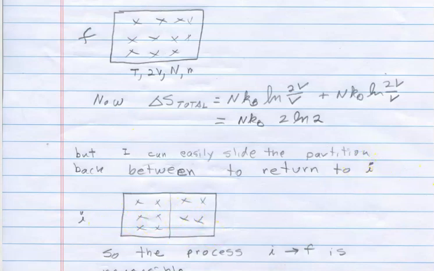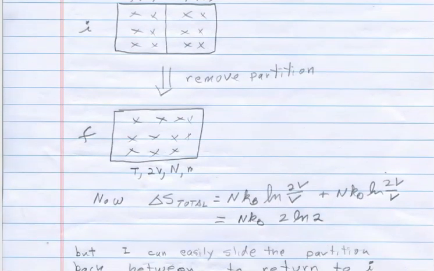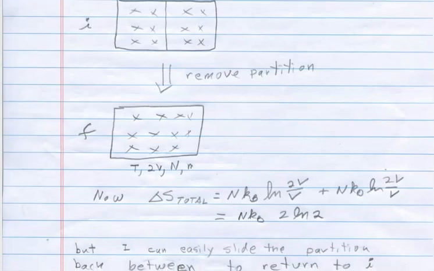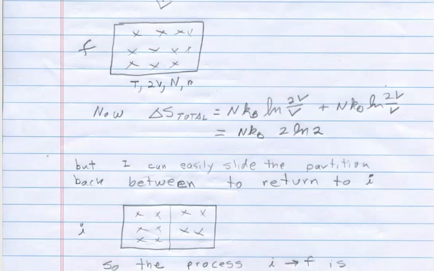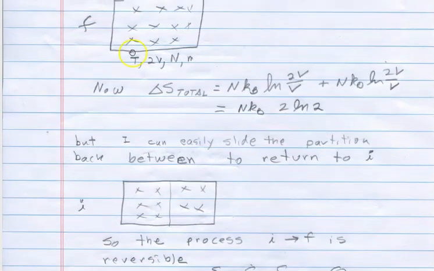So I'm going from an initial state to a final state by removing the partition, and then from that final state I slide the partition back again, and I'm back to our initial state. What that says is that I can reverse the process simply by sliding that in.